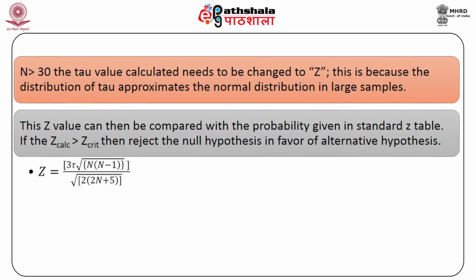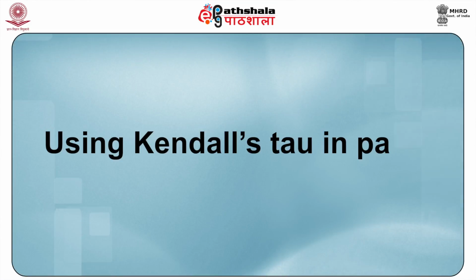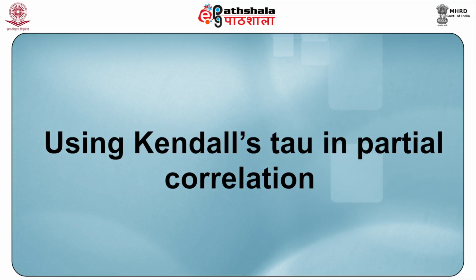And the formula for conversion of tau to Z is given in equation 5. This is Z equal to 3 tau multiplied with square root of n into n minus 1, divided by square root of 2 into 2n plus 5.